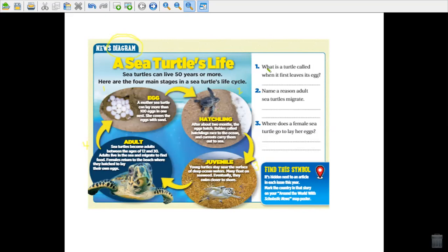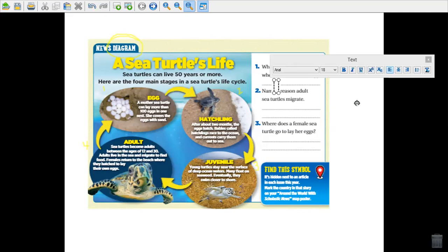So question number 1 says, what is a turtle called when it first leaves its egg? Go ahead and look at our diagram now to see what a turtle is called when it first leaves its egg.